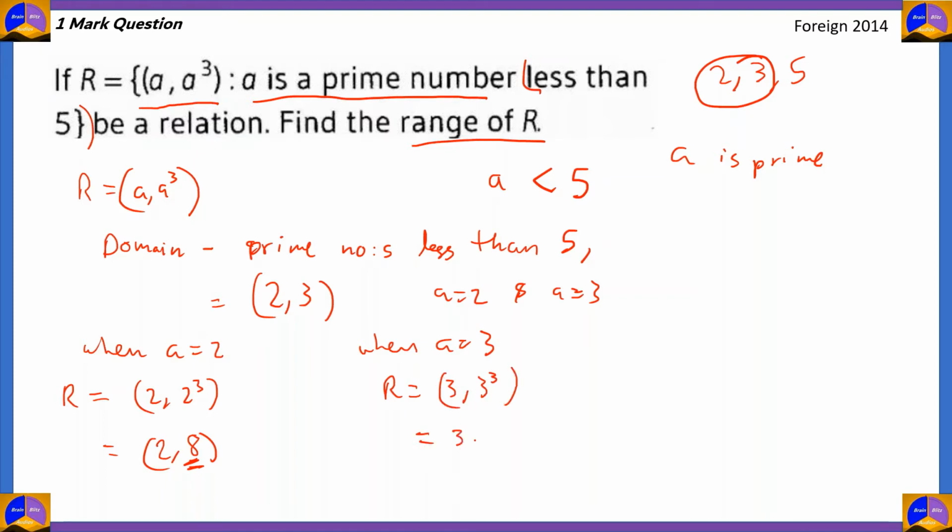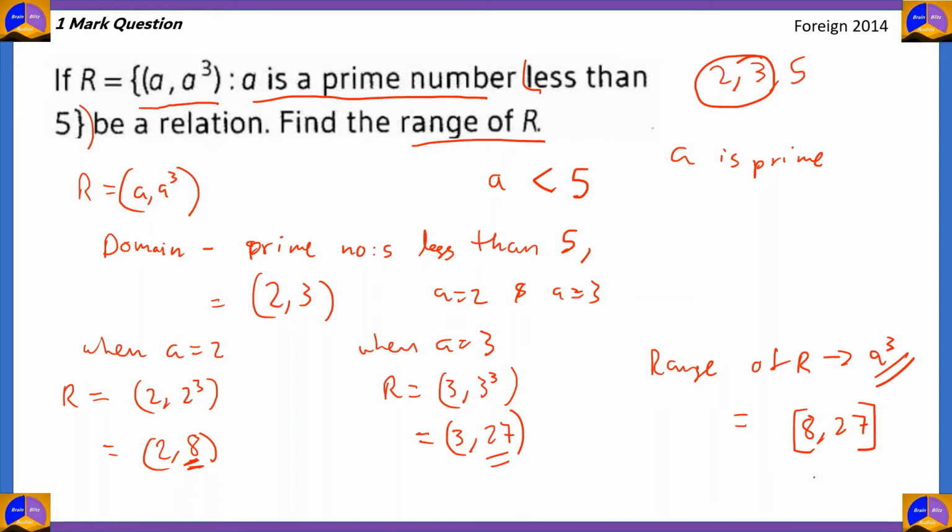So therefore that will be (3, 27). So as you can see, 27 is another element that is present in the range of R. So the range of R will be {8, 27}. So these are the values of the range of R. And note that the range of R refers to the value of a cube. So over here you can see 2 cube is 8 and 3 cube is 27.